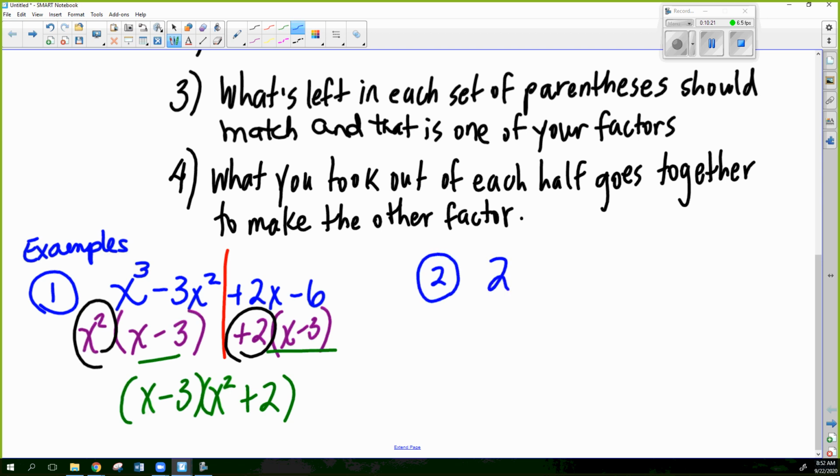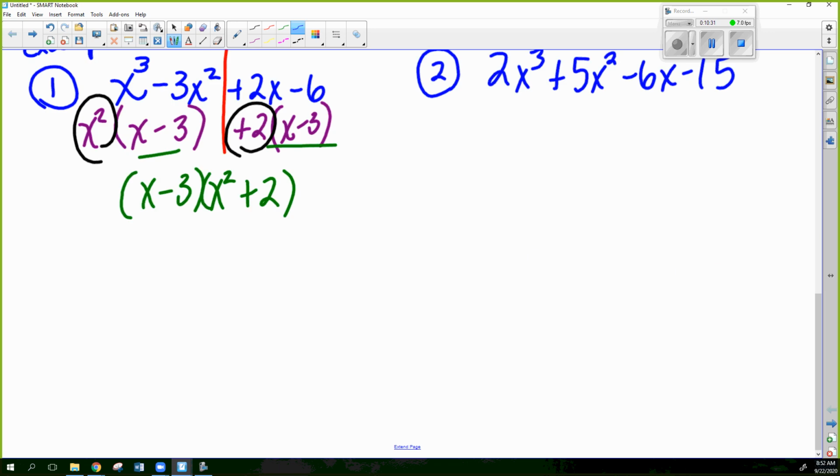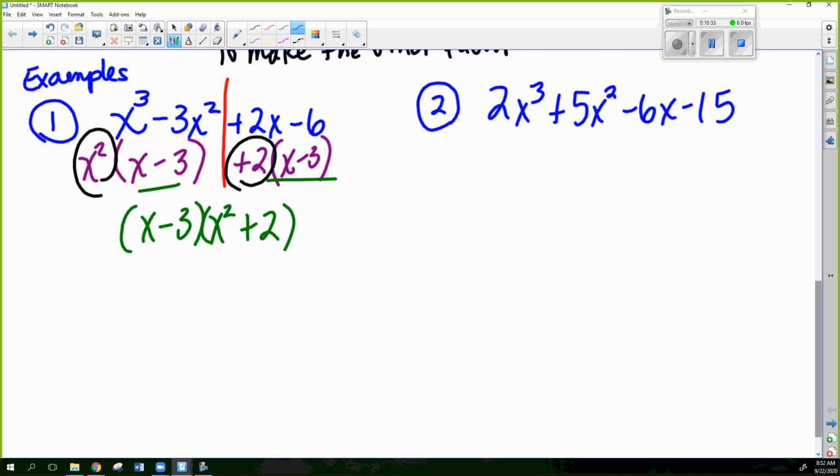All right, 2x cubed plus 5x squared minus 6x minus 15. So go through the steps. Step 1 is what?